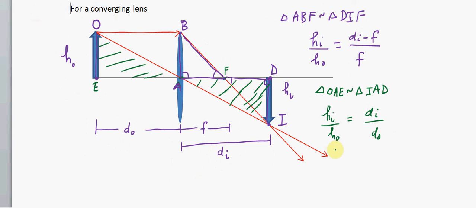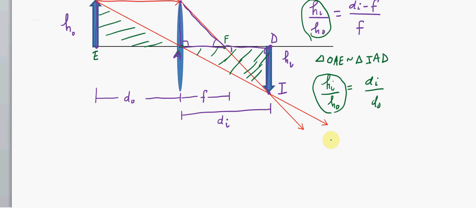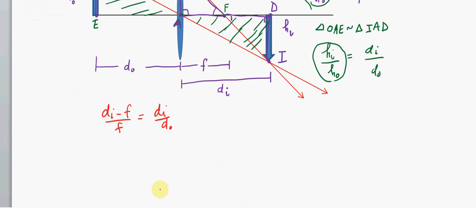Now, I have two equations that are exactly equal to each other. The purple one and the green one, they both have H I over H O. So what we can do is set those two equal to each other and then do a little bit of algebra. So I can say that D sub I minus F over F is equal to D sub I over D sub O. On the left side here, I can just split the fraction.